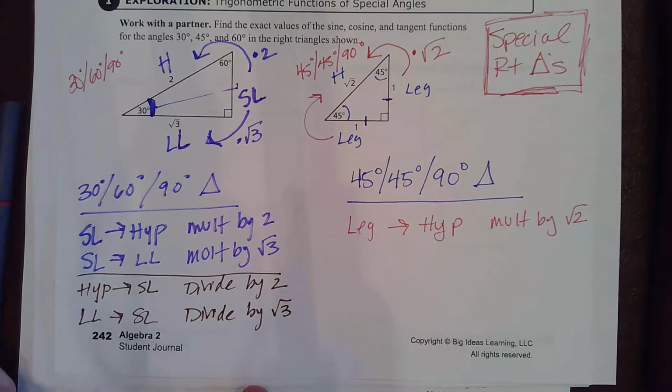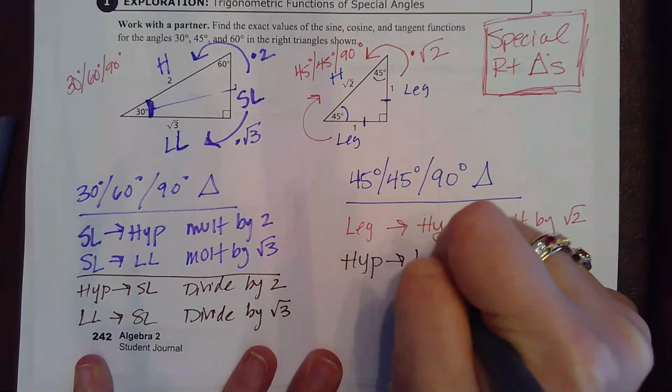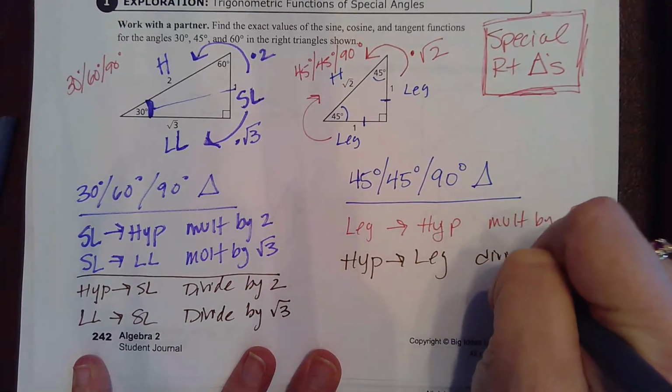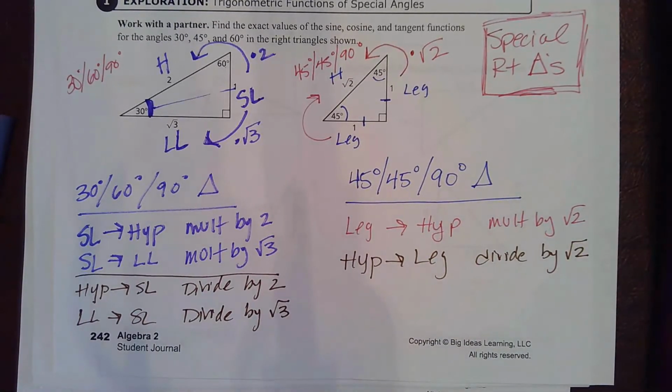Now, to go the other direction, from hypotenuse back to leg, you would divide by root 2. So, leg to hypotenuse, multiply by root 2; hypotenuse to leg, divide by root 2. All right, let's do a couple examples of where you might see something like this.